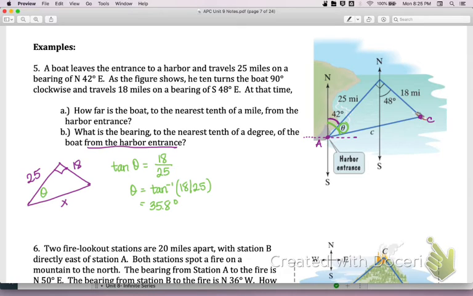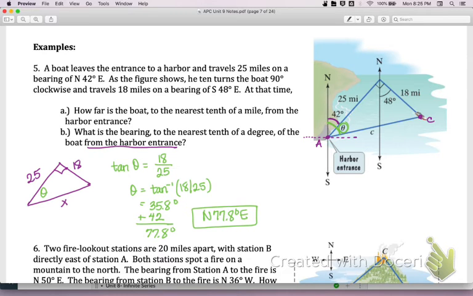That's theta. So now to figure out the bearing, we need to add 42 to that, and that gives us 77.8 degrees. So the bearing is north 77.8 degrees east, because we're going to the east. Okay? So that's how that works.